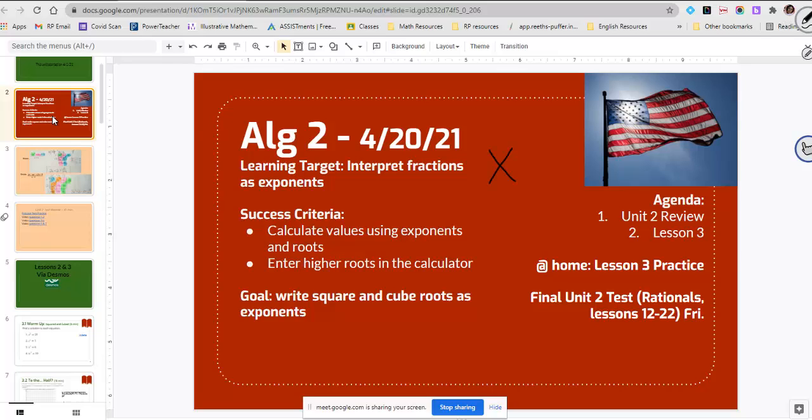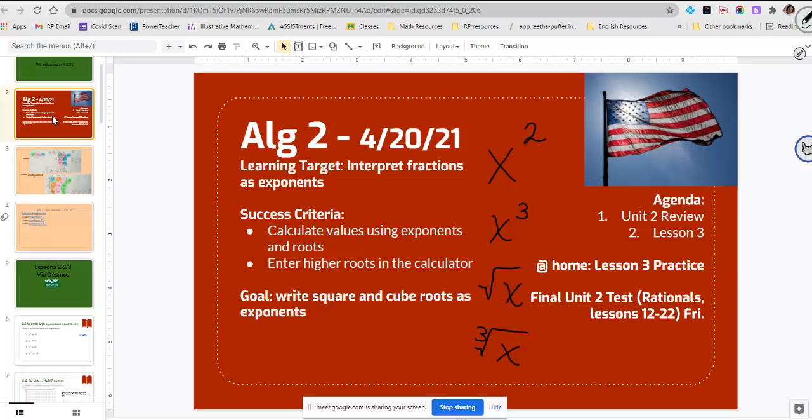We've been looking at things like x squared and x to the third power, square roots and cube roots so far. So these are the places where we started with yesterday's lesson.